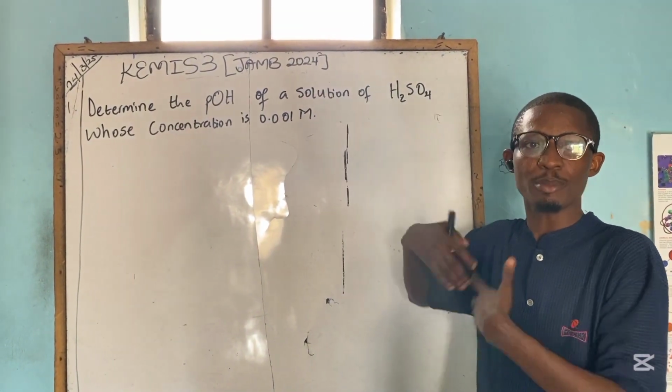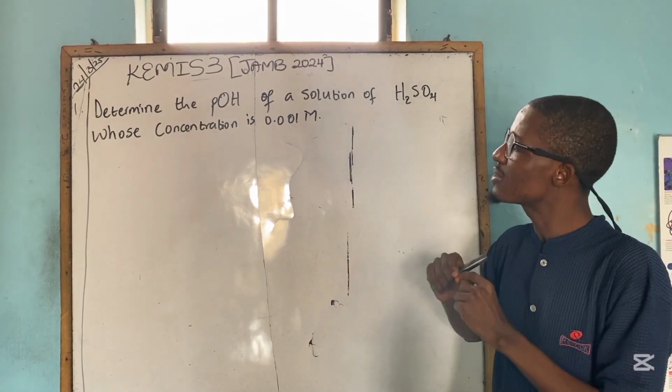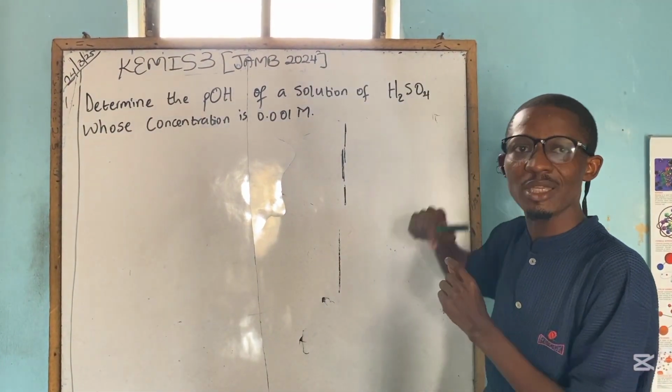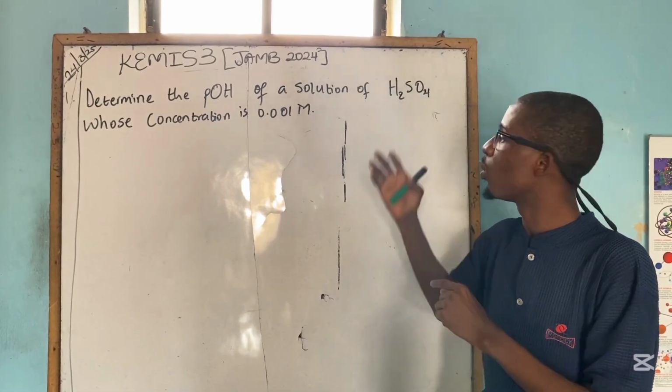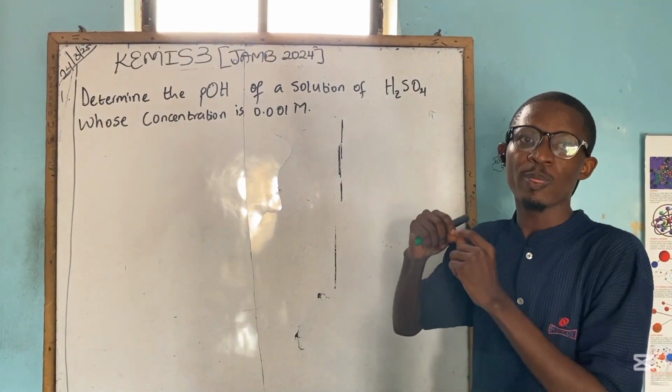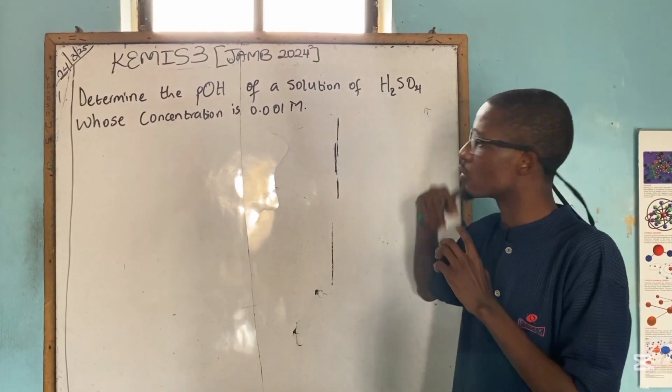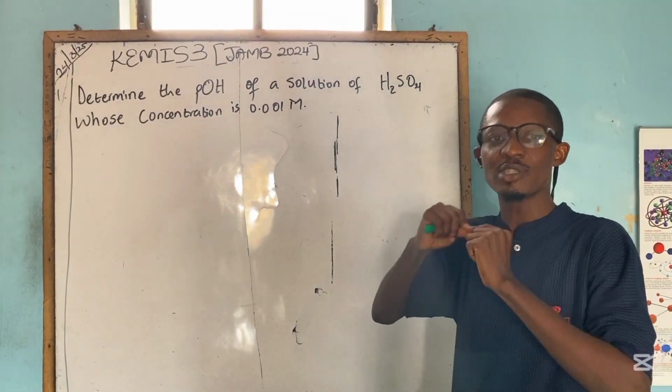It cannot have pOH. So to understand this question very well, we can only calculate the pH of H2SO4. Once we get the pH of H2SO4, we use it to get the pOH of H2SO4 using a single formula.